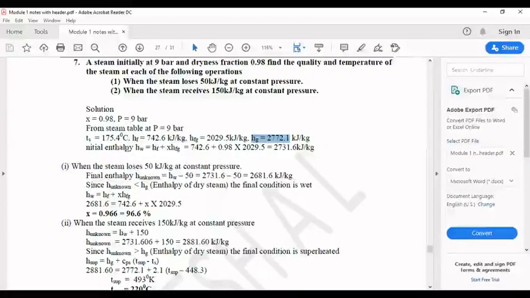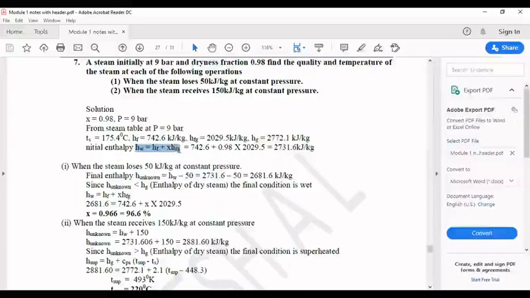Now, what is the initial enthalpy? The initial enthalpy is nothing but the enthalpy at the initial condition. According to this, it is a wet steam, so I use the formula for wet steam to find the enthalpy: HF plus X into HFG. I use this because it has a dryness fraction of 0.98, which means it is a wet steam.